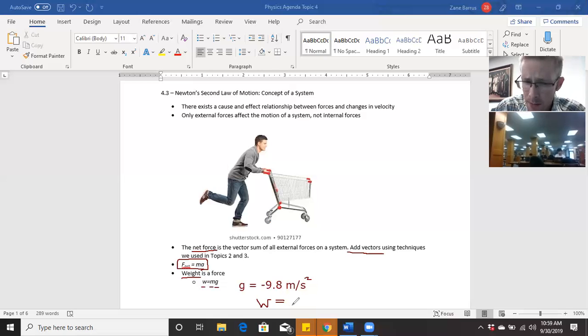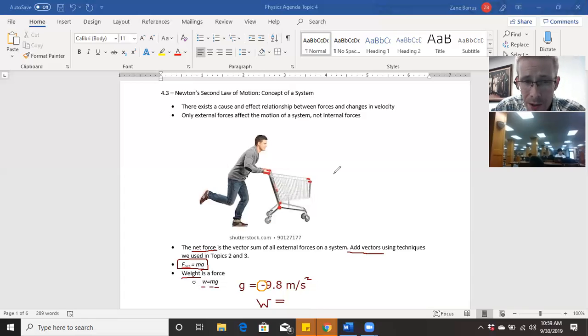So just keep that in mind. Also, tell me real quick, even though this kind of seems obvious to me, I want to make sure you guys are on the same page. Why is G's value negative, by the way? What direction is gravity pulling you in? Down. That's why it's negative, okay?